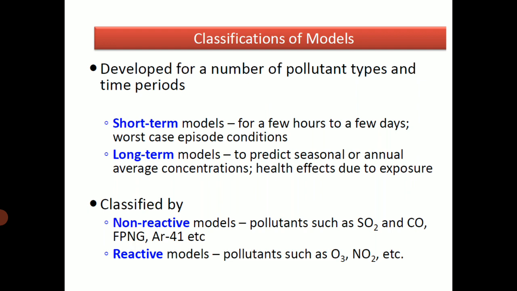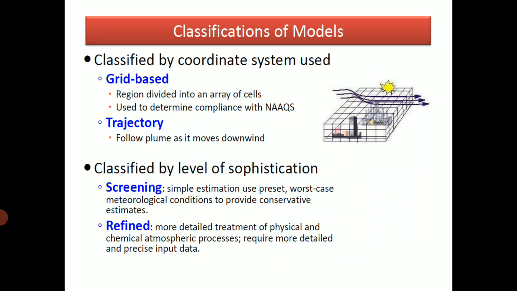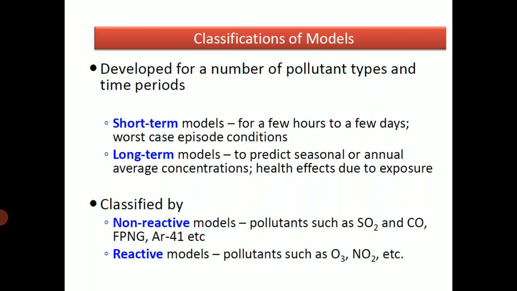atmospheric pollutant dispersion models, and there are several other classifications based on the time period, then based on the reactive or non-reactive nature of the pollutant, and also based on the coordinate system used, as well as based on the level of sophistication. Okay, so based on the time period, short term models and long term models are there.